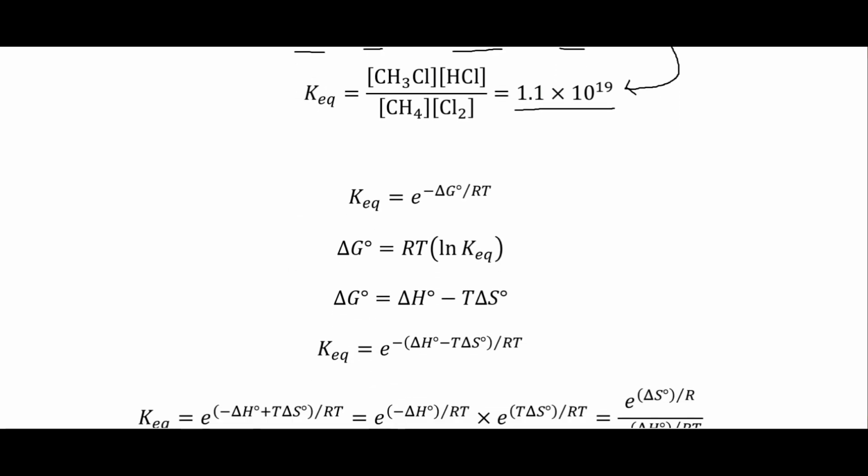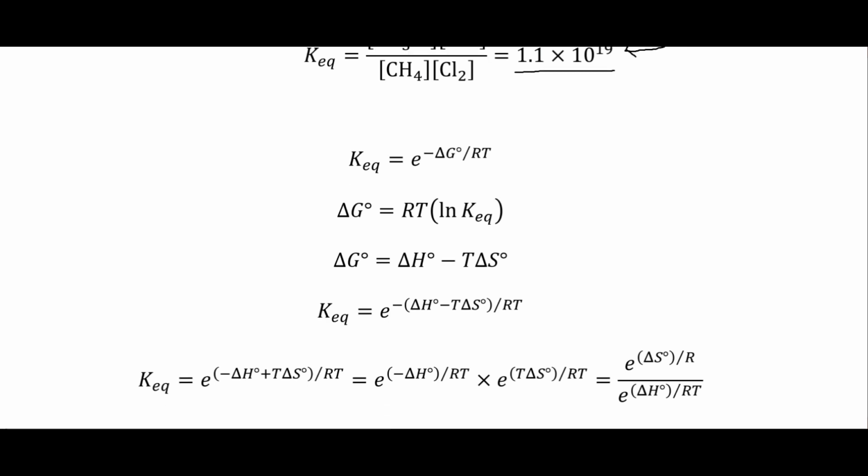All right, and so then thermodynamically we can express KEQ as this. So this is our Gibbs free energy here. So if we just take the negative natural log of both sides and then do some rearranging, we end up with our delta G, or Gibbs free energy here, being equal to RT times the natural log of our KEQ.